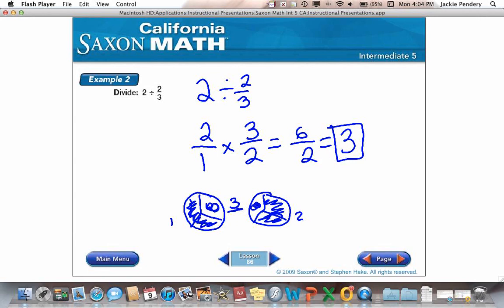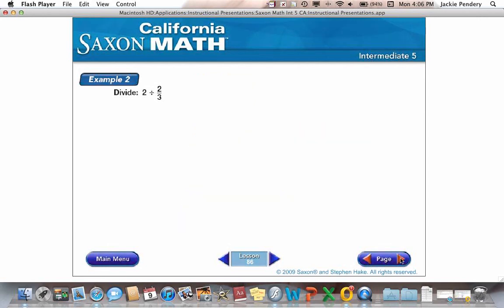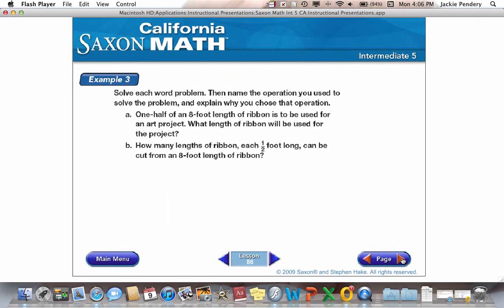All right, let's go on to example 3. Okay, 2 parts, A and B. Solve each word problem, then name the operation you used to solve the problem and explain why you chose it. So it's going to want to know if we're going to add, subtract, multiply, or divide.